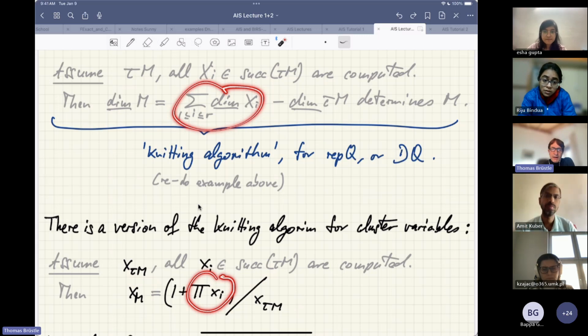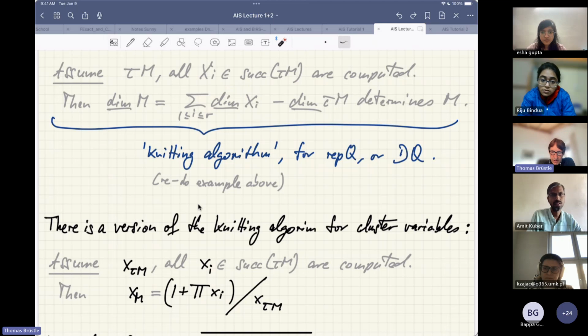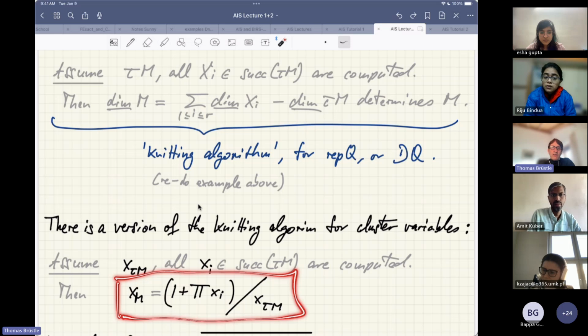And in the computation of cluster variables, we always look at incoming and outgoing arrows. But since we proceed from left to right, there's only incoming arrows, so there's only this part, and the other part is empty. If the other part is empty, we write a 1. So we can use this formula to recursively compute cluster variables.